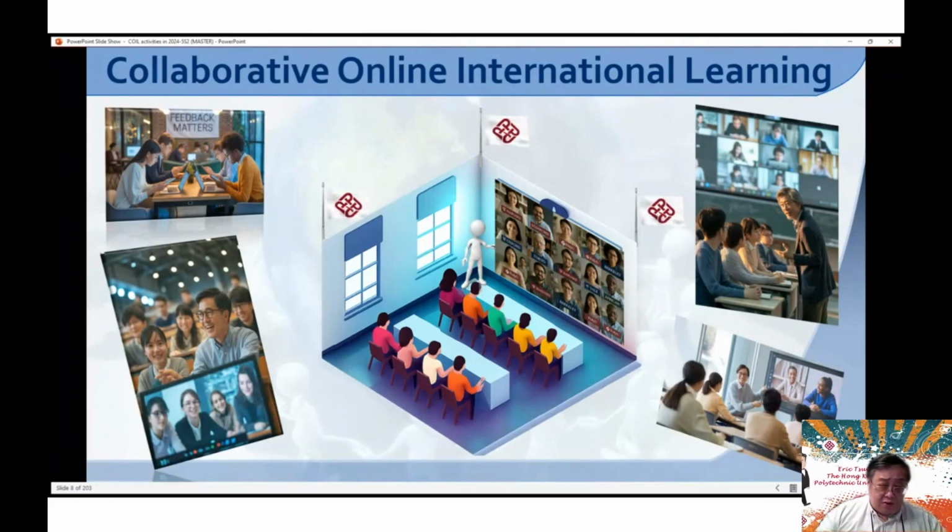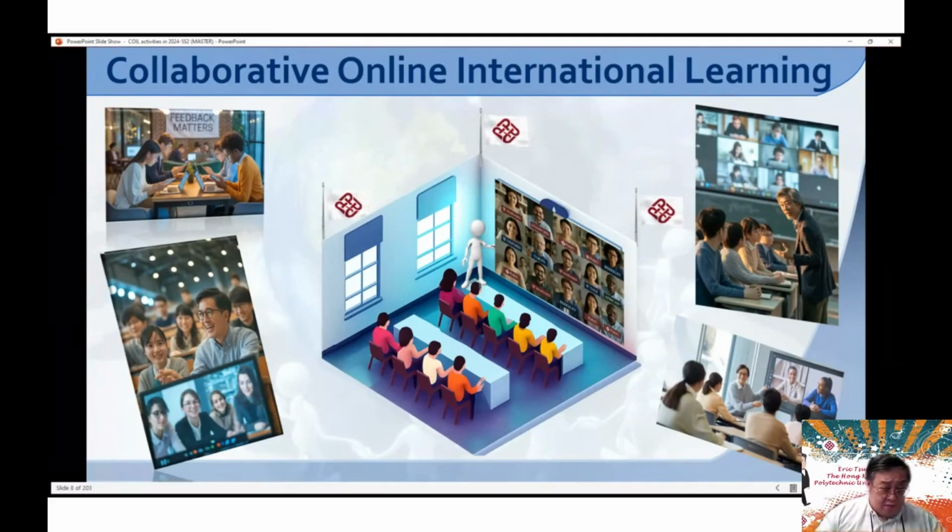Other university students can also be attending the same class, linked up with PolyU in their own classroom, or they could be attending anywhere depending on what the university allows and what the teacher allows. Okay, so that is the concept.